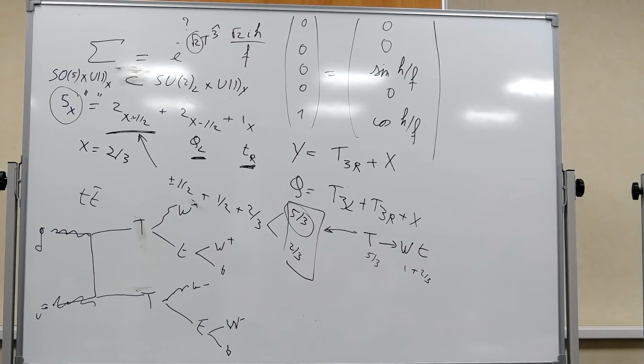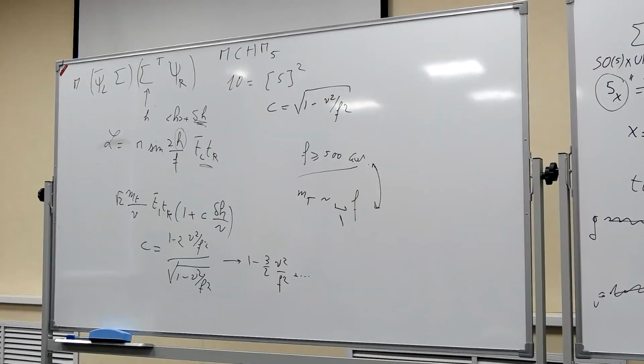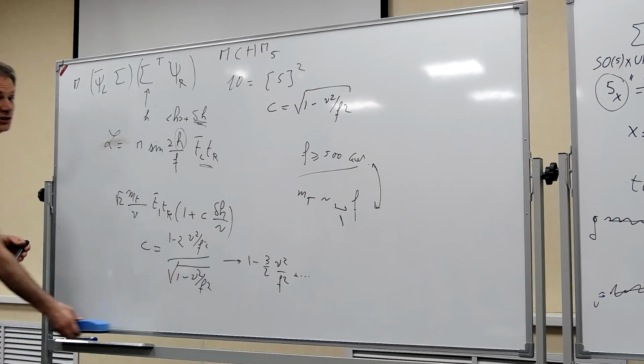For instance, you have two diagrams that contribute here: the exchange of the H and the pion, the boson, with W3 and B. That's one contribution, and the other has the neutral pion here. You can also have the charged pions, pi plus and pi minus. You can compute these diagrams in the standard model. Each of them is logarithmically divergent.